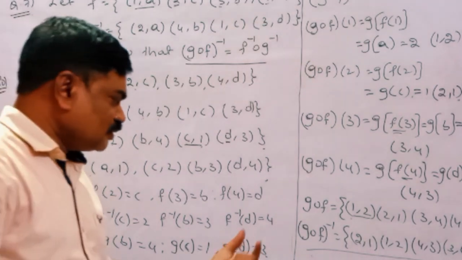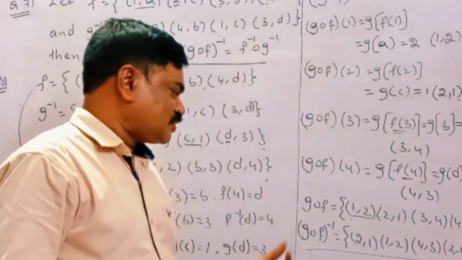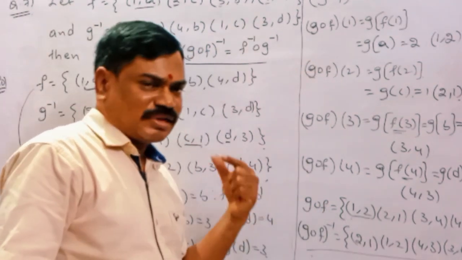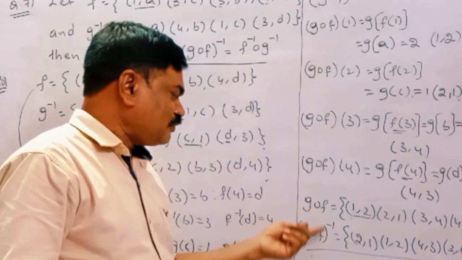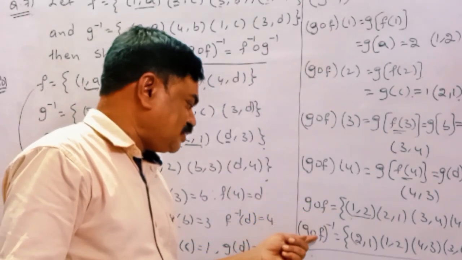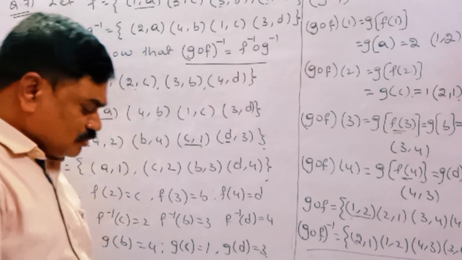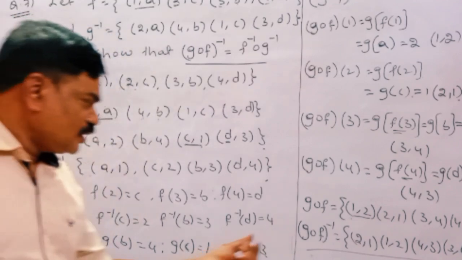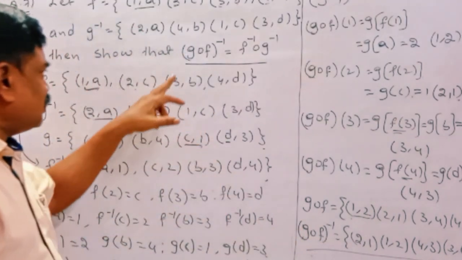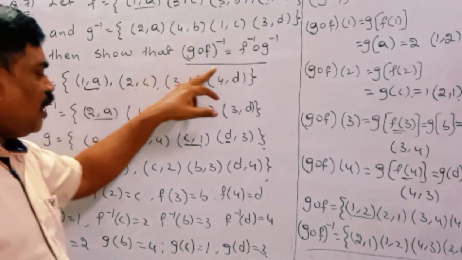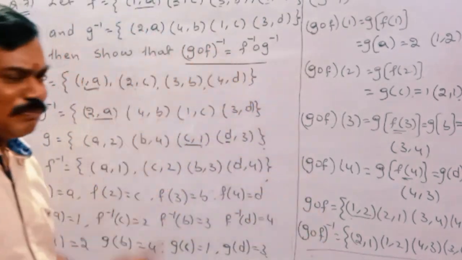Okay, all of you. G circle F whole inverse. By observing, G circle F inverse is what we have to find. G circle F inverse is the LHS of the problem.